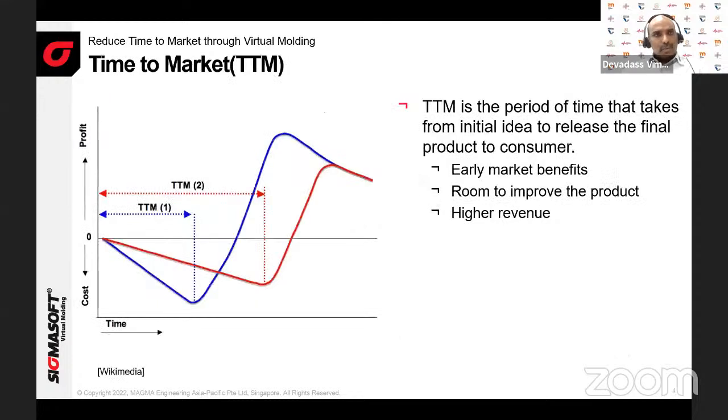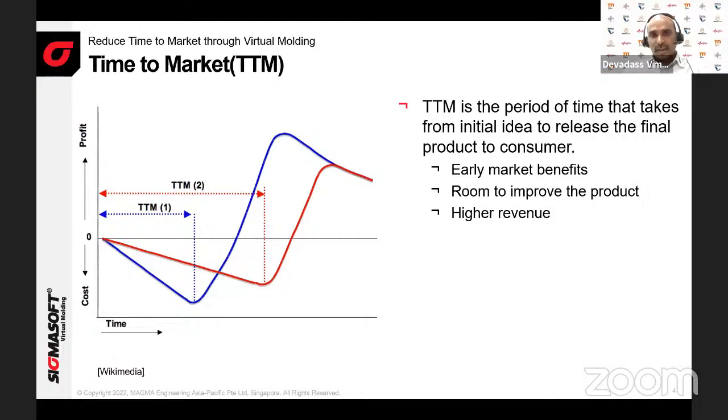Then we jump straight to the topic, time to market. Time to market is nothing but the time taken from your initial idea to the product release to the market. Why is it important? Because it gives us the early market benefits, but also gives us room to improve your product.